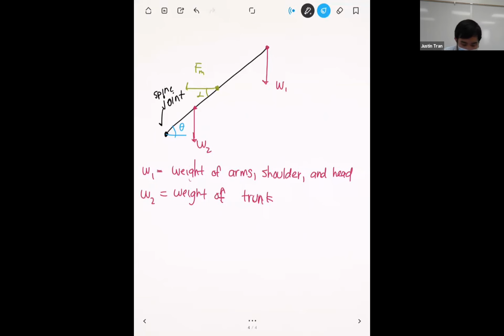That angle is going to describe how much we're slumping over.